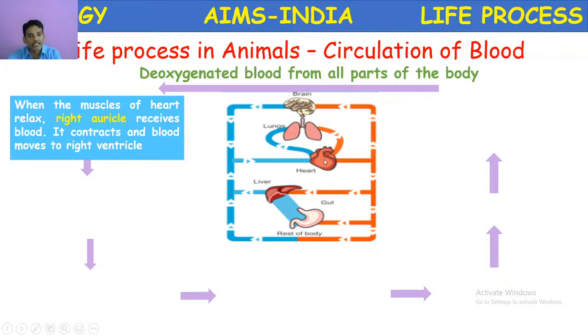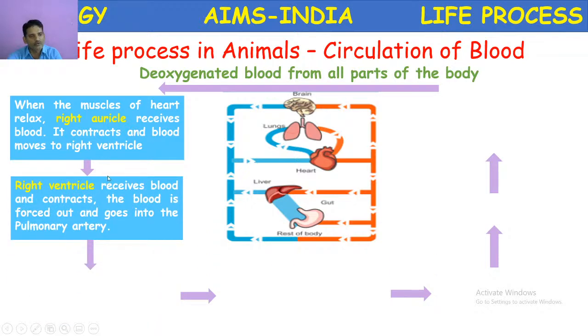When the right auricle contracts, that deoxygenated blood enters the right ventricle. The right ventricle pumps the blood forcefully into the pulmonary artery. It carries the deoxygenated blood from the right ventricle to the lungs.